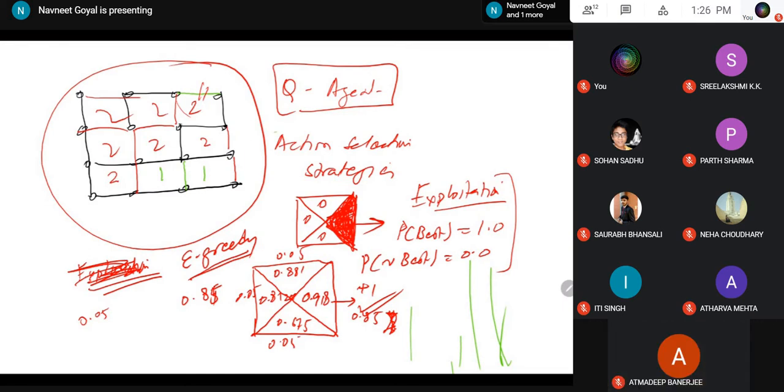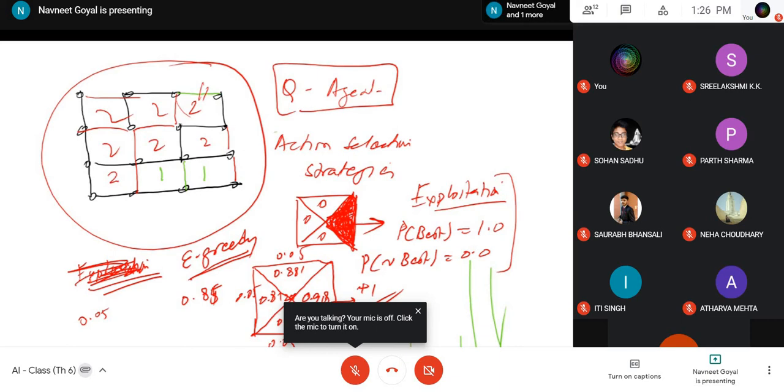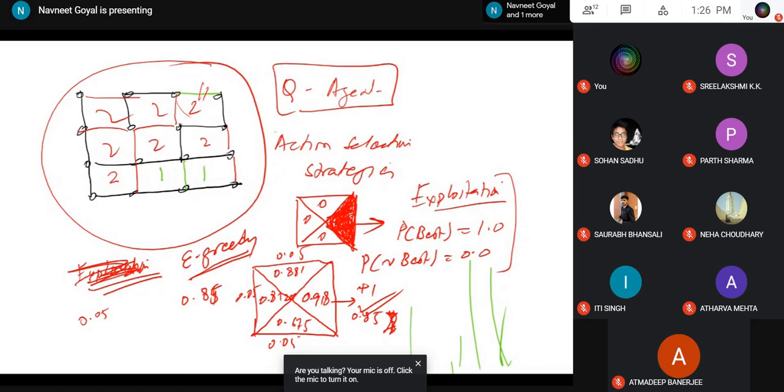So all of them, irrespective of their utility, have the same probability of being picked up. So when they have the same probability, it is possible that you pick up the worst of the options that are available to you. Is it not? Do you agree with that? Yes, please.